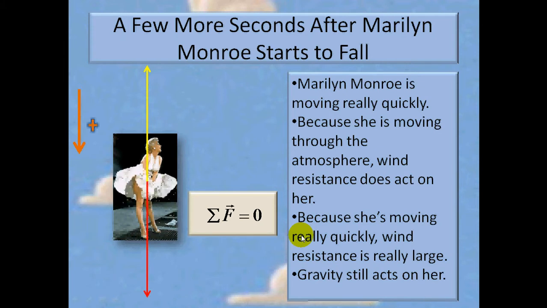Since the net force acting on her is zero, she's not accelerating anymore. Now that doesn't mean she's not moving, she's just not accelerating. She's not speeding up anymore. At this point, she's reached what is known as terminal velocity, or if we express the velocity without a direction, we call it terminal speed.